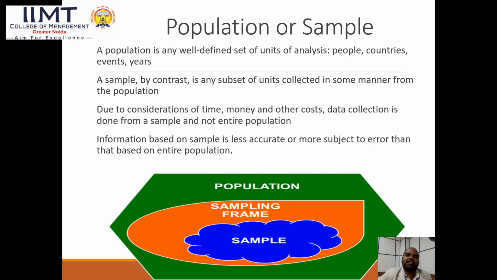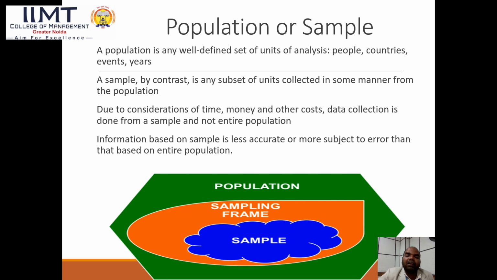Some manner means like probability sampling, non-probability sampling. Due to consideration of time, money, and other costs, data collection is done from a sample and not an entire population. Information based on a sample is less accurate or more subject to error than that based on the entire population.